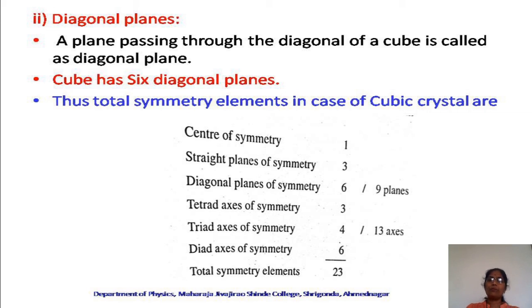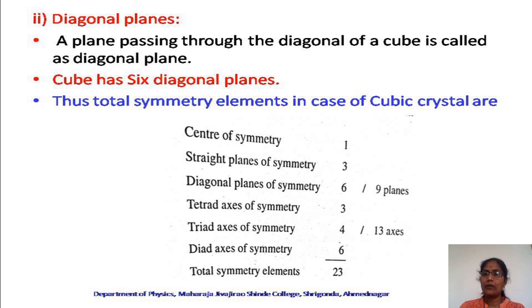So, diagonal planes are 6 in number and straight planes are 3 in number. Total number of planes of symmetry is 9.